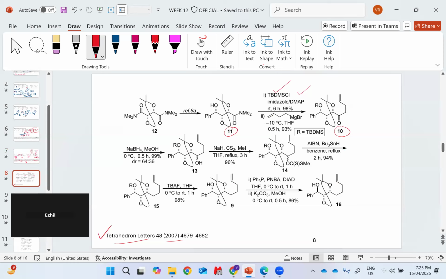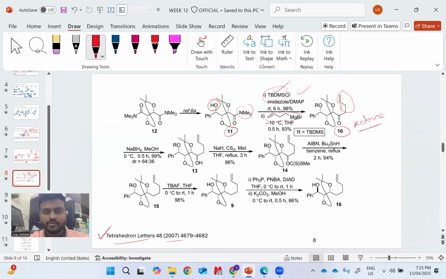So how this works: the TBDMS protects this alcohol at first, and further this Grignard attacks on this amide, and upon addition it gives a ketone. So this is the ketone 10. So amide is converted into the ketone, and in this particular you can see this alcohol is getting initially protected. Why is this protected? Because if you add this Grignard, it is also basic in nature, the Grignard reagent. So it abstracts the proton, and the reagent gets quenched.